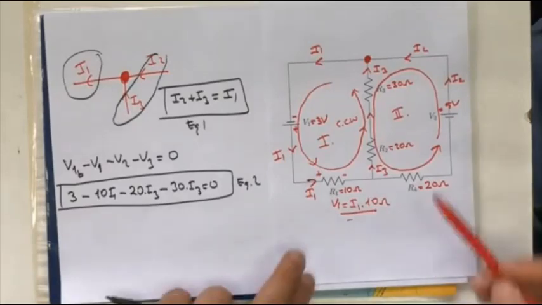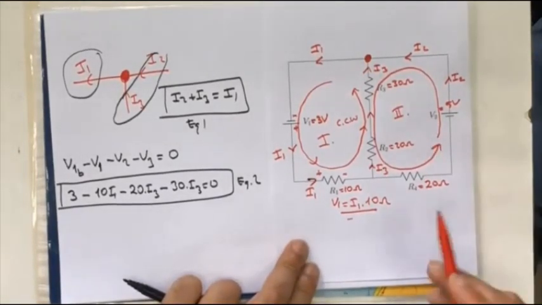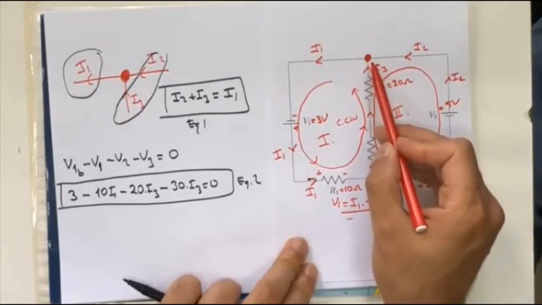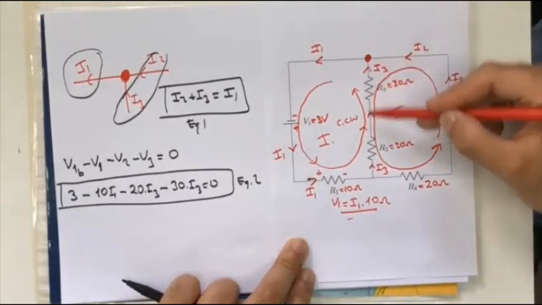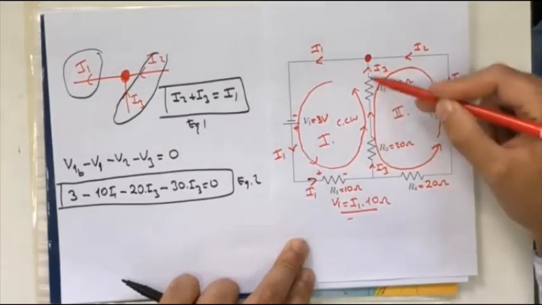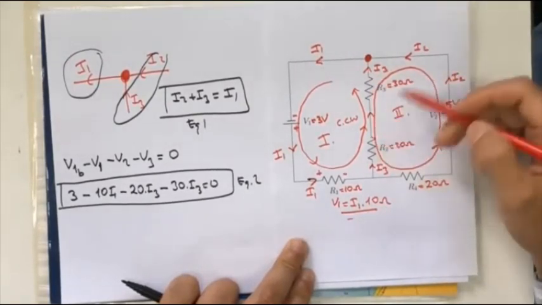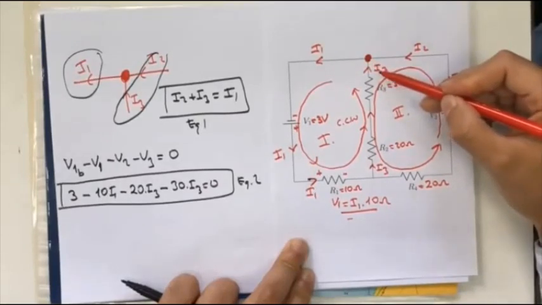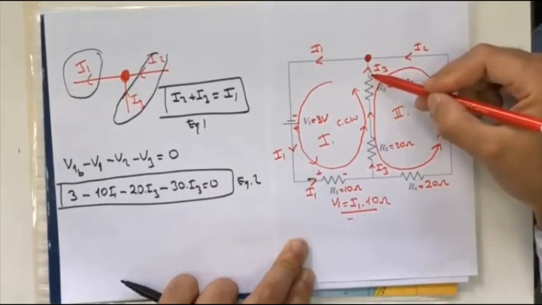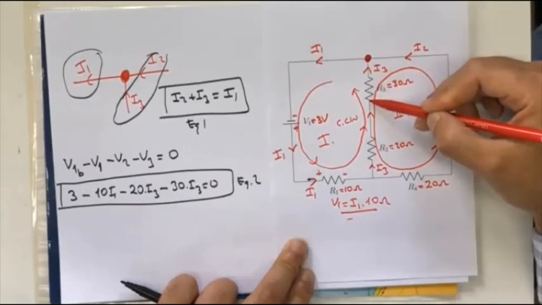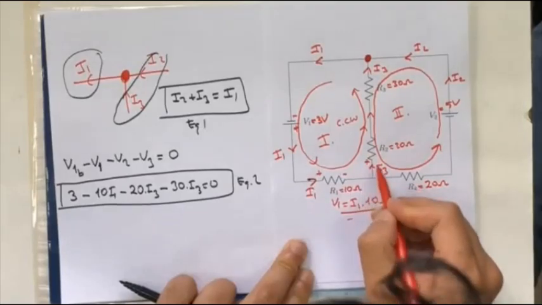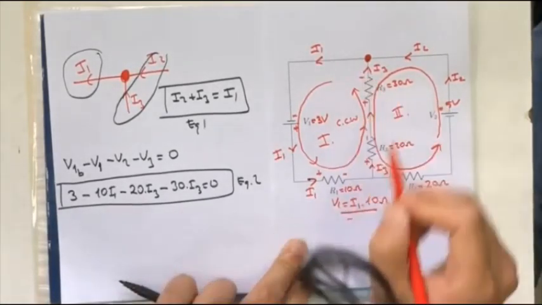Now, look at the second loop. Here, we start again with our junction, and we will go opposite to the I3 direction, because our loop direction is opposite to the direction of I3. Since this is positive and this is negative, so this will be positive, this will be negative, this will be positive, and this will be negative.